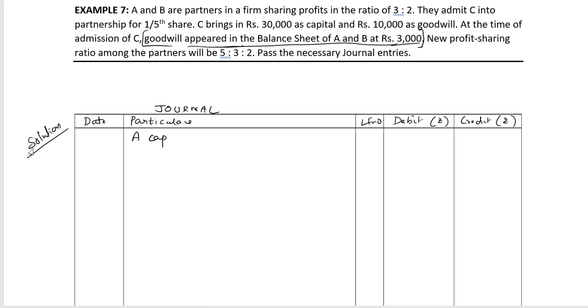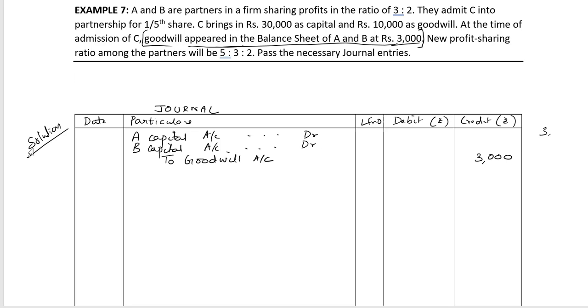A capital account debit, B capital account debit, to goodwill account. Existing goodwill, rupees 3,000.